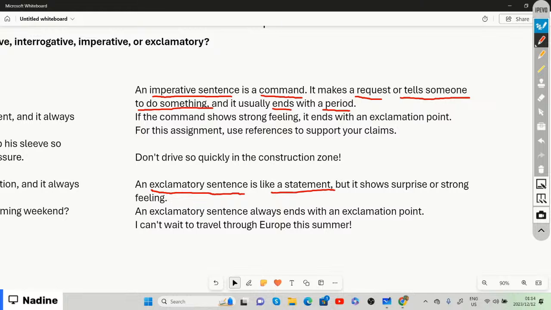With an exclamatory sentence, yes, it's a statement, but it shows surprise and strong feelings.